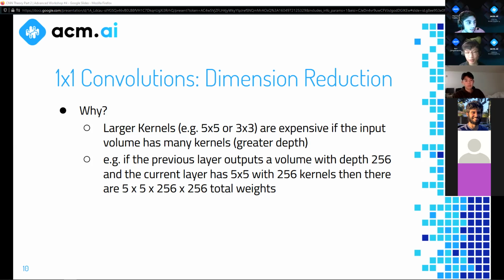Also, another thing I wanted to note is that the input doesn't necessarily have to be RGB, or have 3 channels, or 1 channel if it's monochrome. You can have more channels.